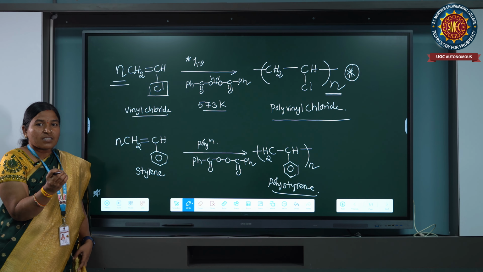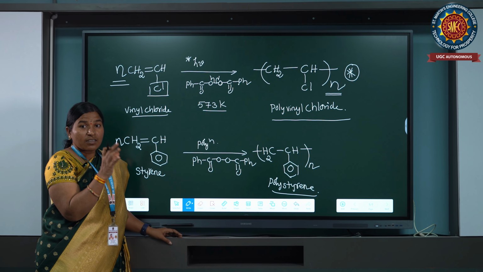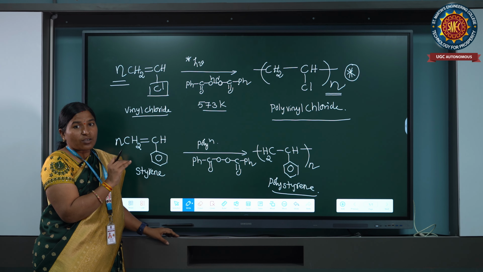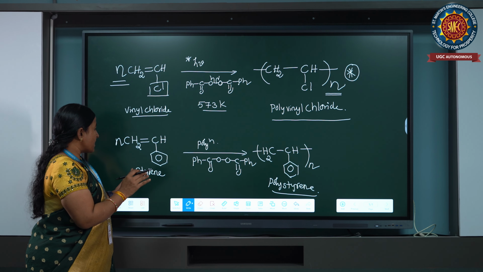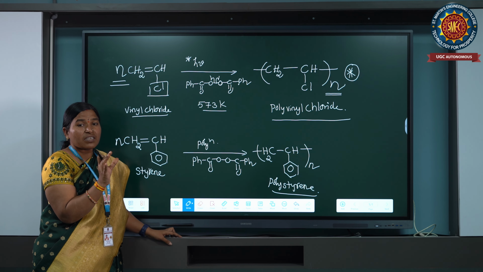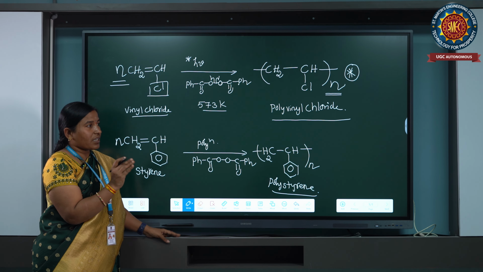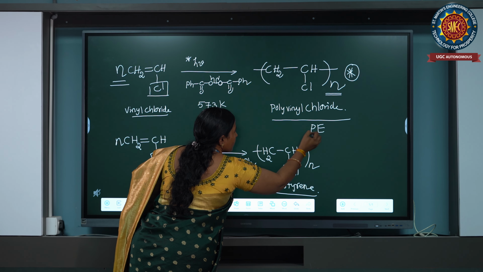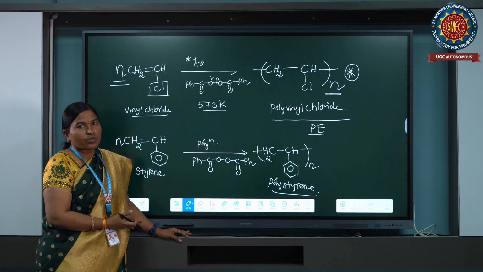Or otherwise, polyvinyl plastic components like pipes are there, and in those we use polyvinyl chloride. Styrene is also used, but it is somewhat stronger compared to polyvinyl chloride. Compare it. Here we learned about polyethylene, which is what we use most in our day-to-day life.